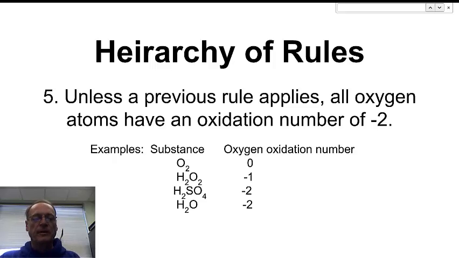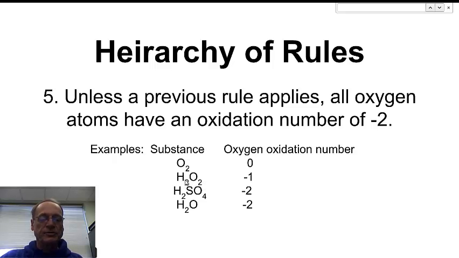Rule number 5, oxygen. This is the oxygen rule, and it says that it will always have an oxidation number of -2 unless one of the previous rules says otherwise. So one of the previous rules says the element oxygen is always at 0, so that's breaking this rule. Look at this interesting molecule, H2O2.